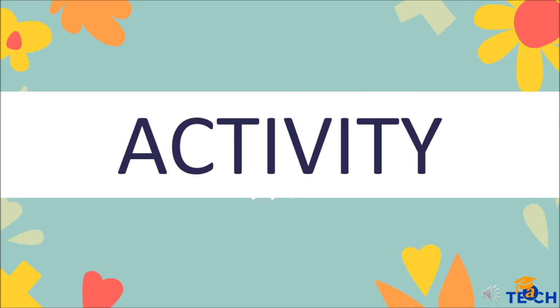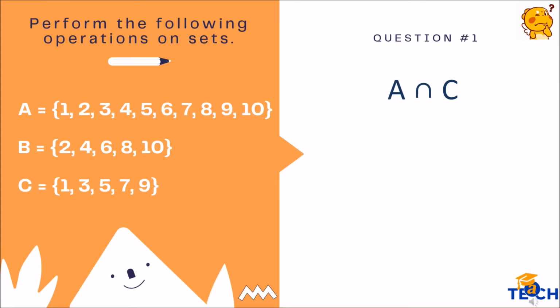It's time for another activity. We need to perform the following operation on sets. We have the first question: what is the intersection of set A and set C? That is right.